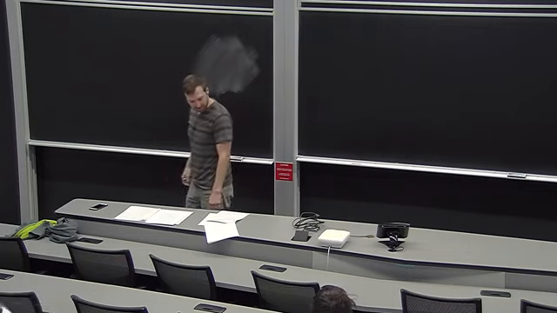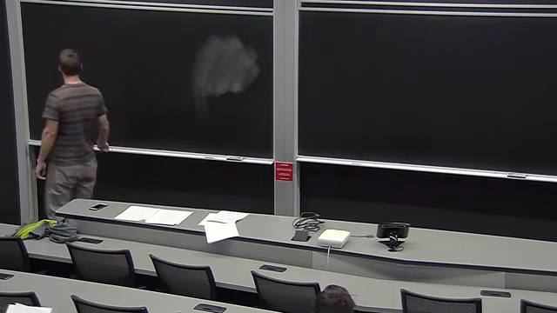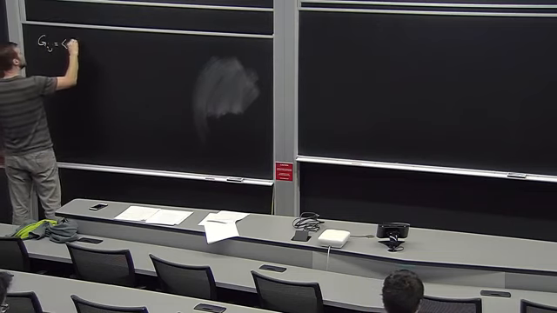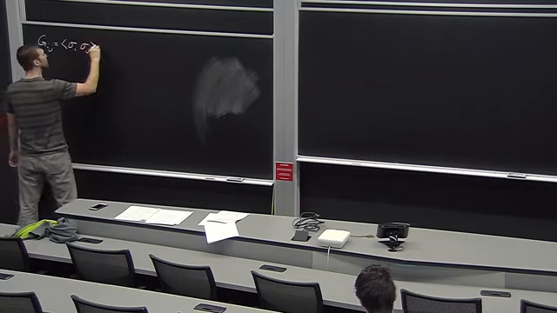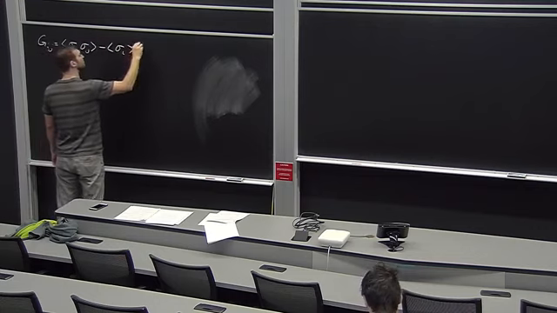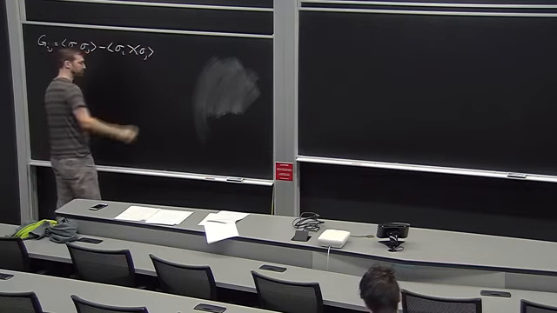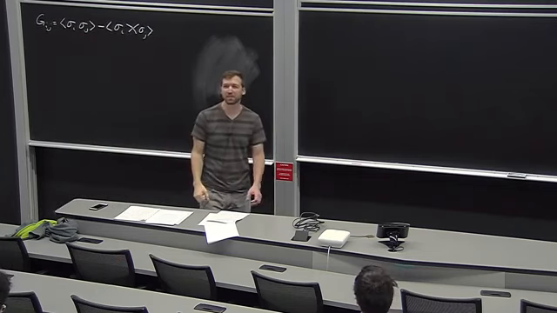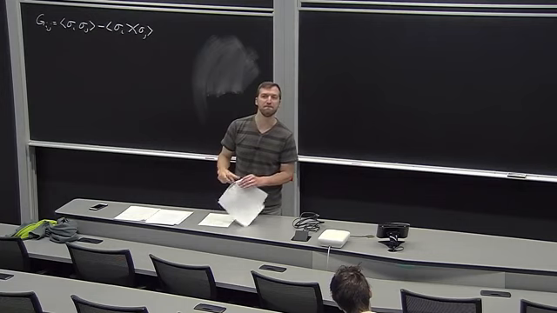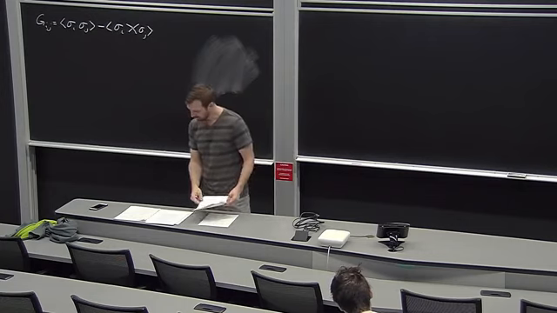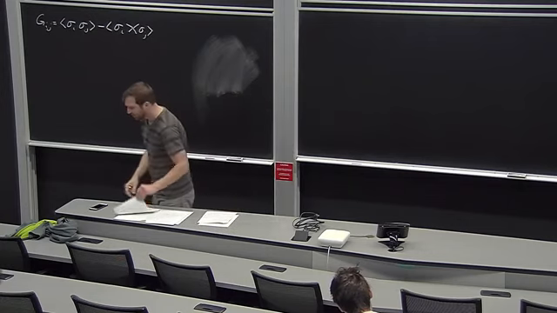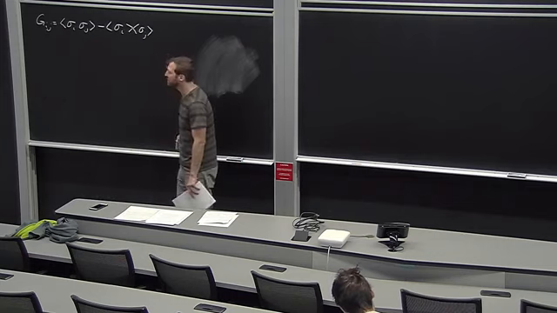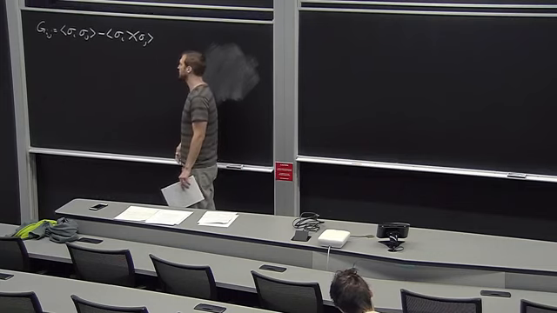Okay, we're calculating the correlation function. The two-point correlation function may be the most important object that we study in field theories.